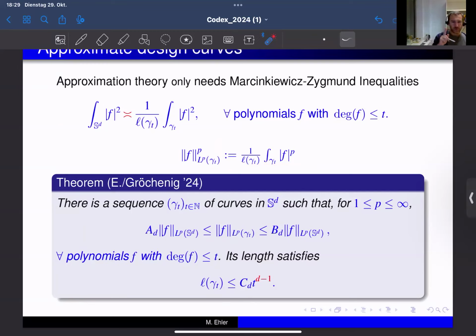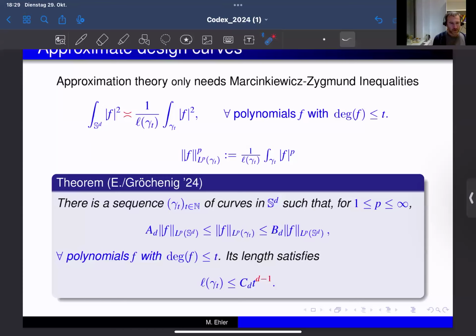So one sequence works for all p's, and this holds for all polynomials of total degree at most t. The important point is that the length of this curve is upper bounded by a constant times t to the d minus 1.